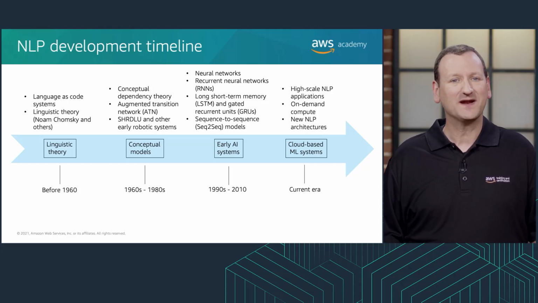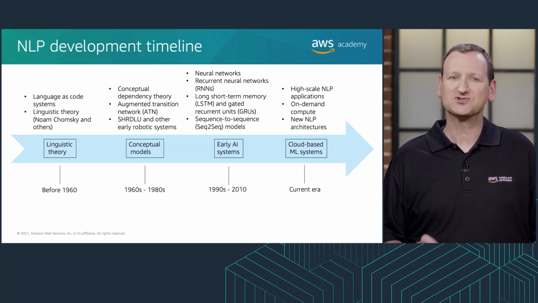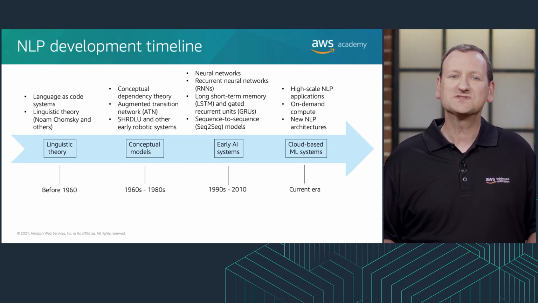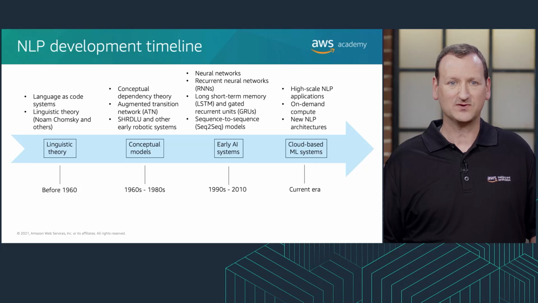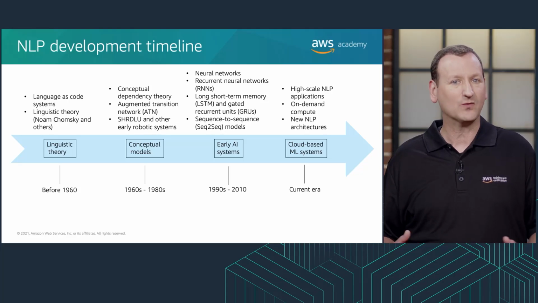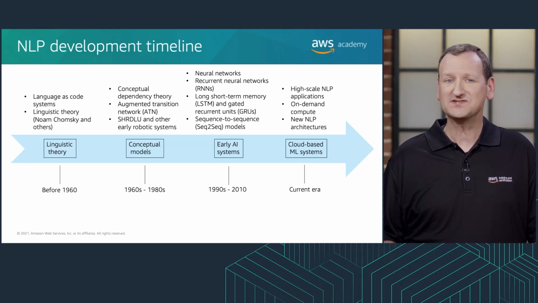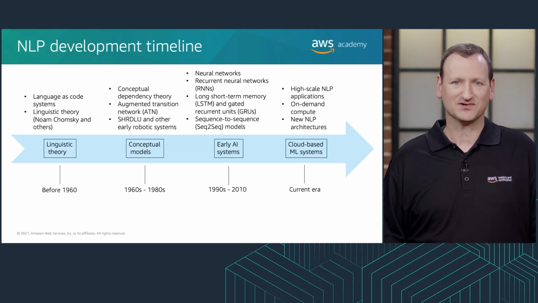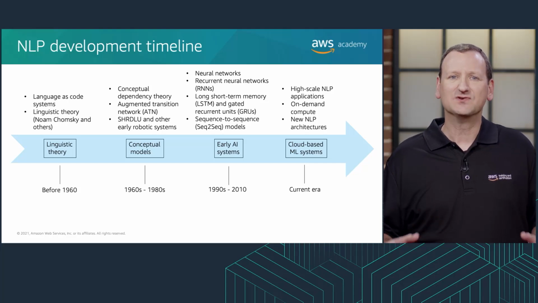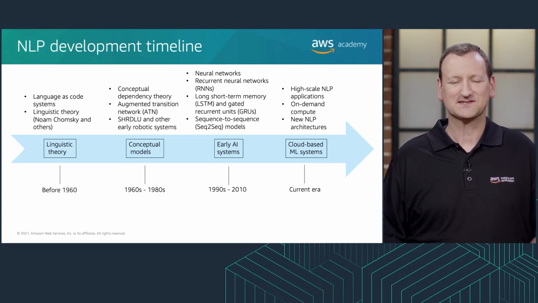The conceptual dependency model was developed by Roger Schank at Stanford University in 1969. It introduced the idea of deriving meaning from human language independently from the words that are included in the input. Augmented transition networks were developed in a similar time frame and were influenced by Schank's work. ATNs introduced the idea of using recursion to parse sentences.